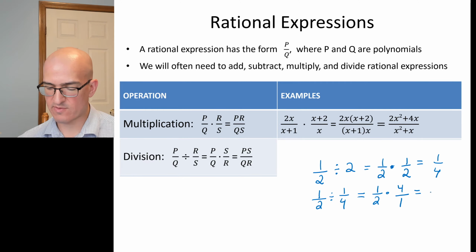Top times top, 4. Bottom times bottom, 2. We get 2. So 1/2 divided by 1/4 is 2, not 1/8. 1/2 divided by 4 would give you 1/8. Confusing, I know. Just follow the algebra. Don't try to think about it.